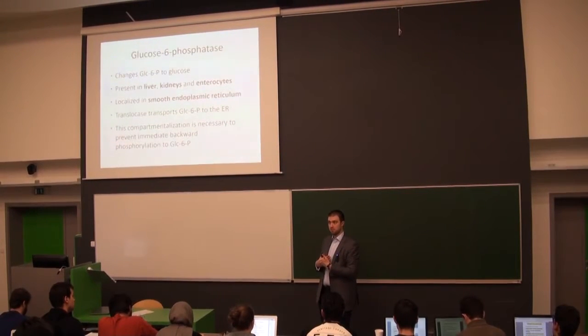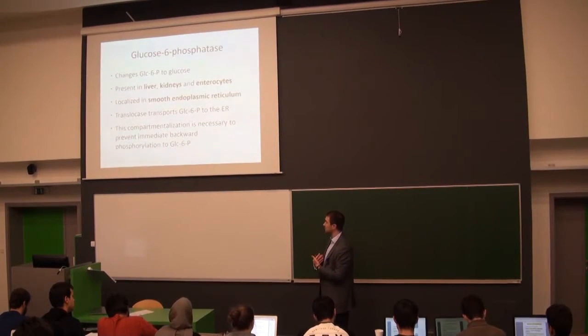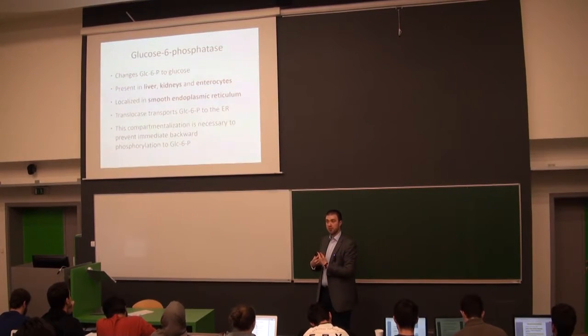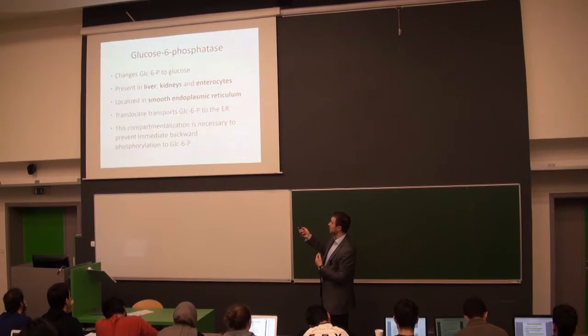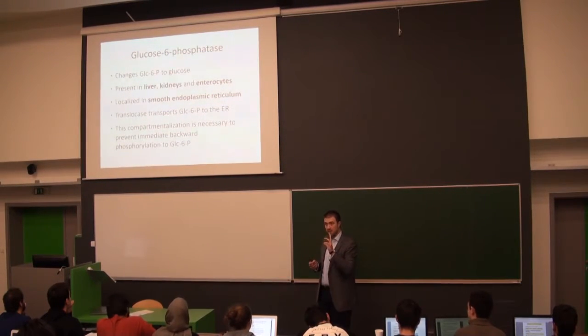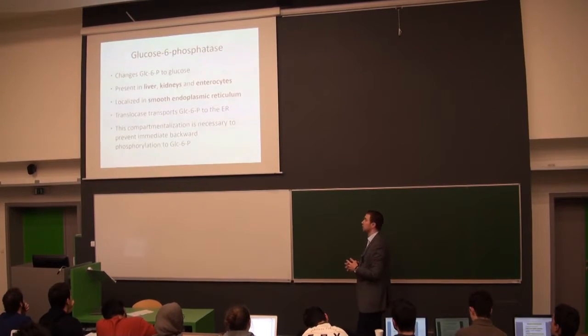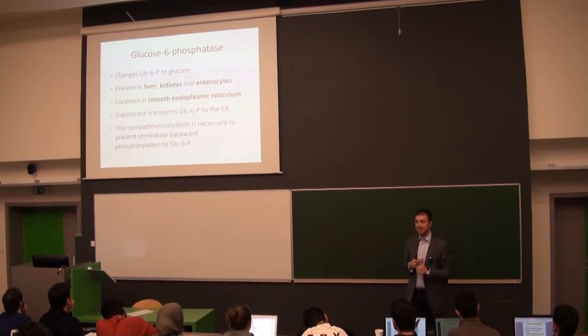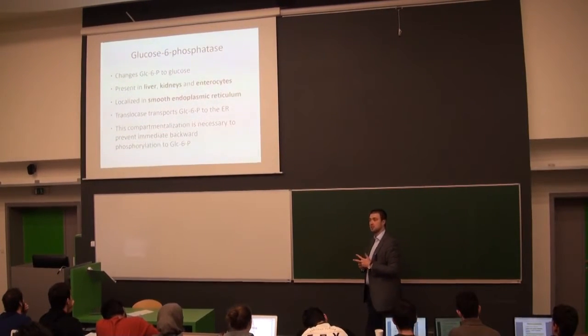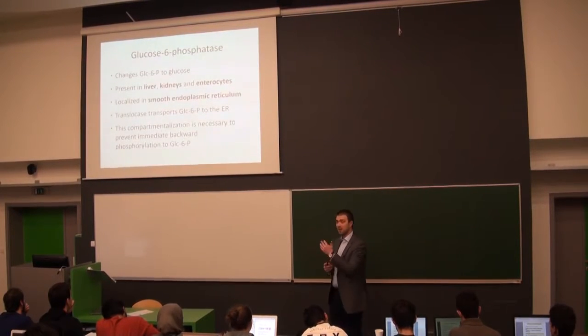And as you see, kidneys and enterocytes are also able to produce free glucose molecules, and therefore all these three organs are the big three organs that are doing gluconeogenesis. That means during starvation, gluconeogenesis is located in liver, kidneys, and enterocytes, since they have the final enzyme that is able to cleave off phosphate from glucose 6-phosphate.